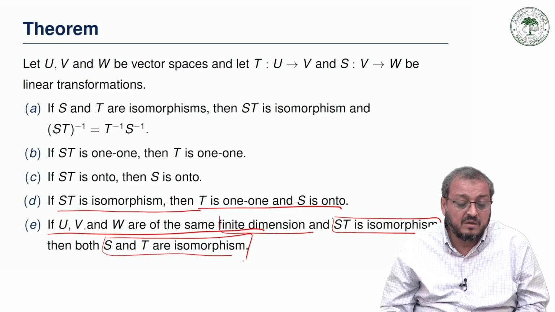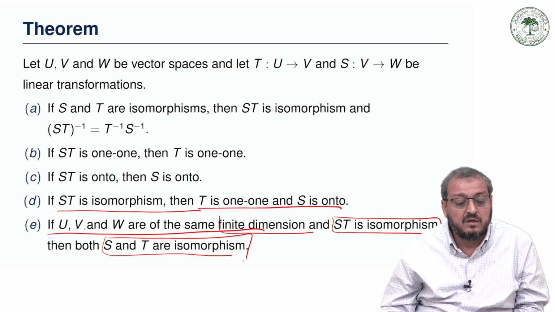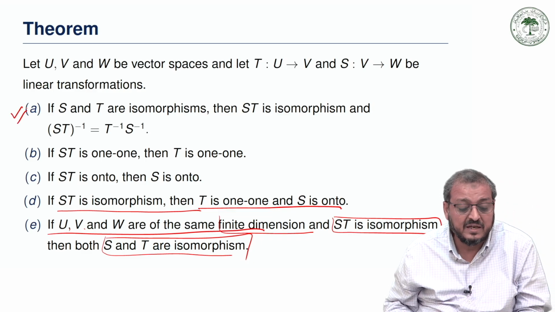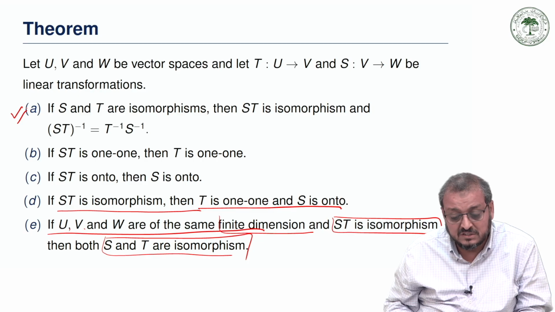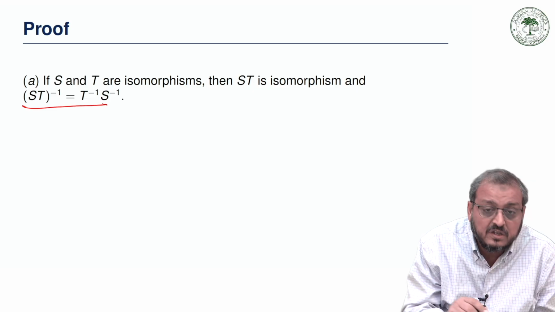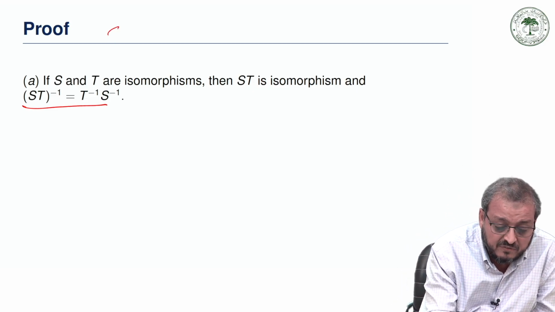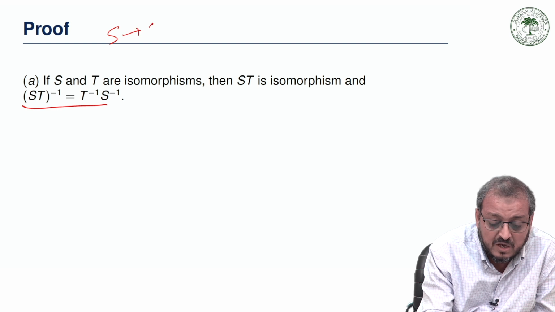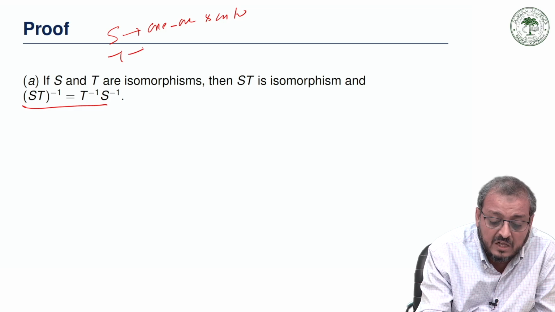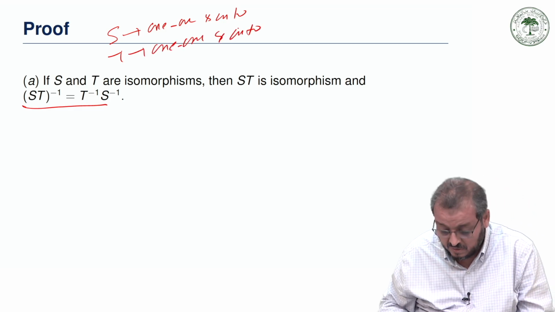Okay, so we can prove this theorem one by one. First we prove that if S and T are isomorphisms, then ST is an isomorphism, and the inverse of ST has the stated form. Given that S and T are isomorphisms, S is 1-1 and onto, and T is also 1-1 and onto.